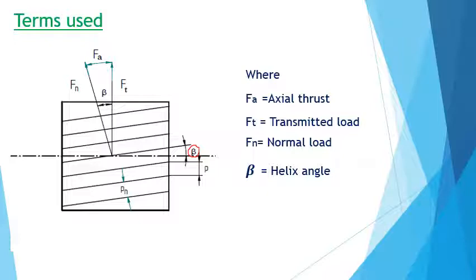The normal load acting on another tooth is indicated by Fn. The axial load or axial thrust acting on the shaft is denoted by Fa. We have two terms, the axial pitch and the transverse pitch, which we will see in the next slide.